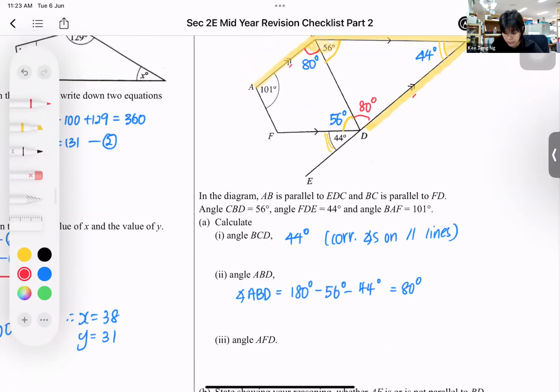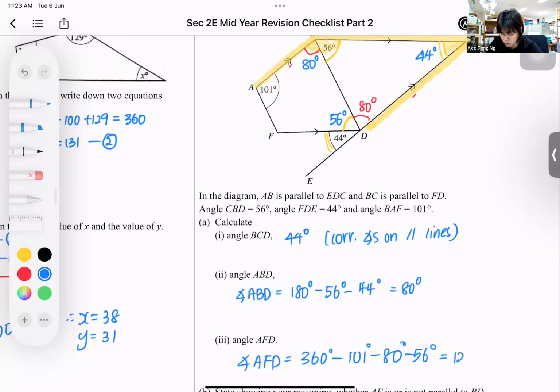Can I assume that they are parallel lines and I also use interior angles? No, right? We cannot assume that they are parallel lines. So the only acceptable method in here will be taking AF to find AFD. I take 360 minus away all the other angles. No interior angles, nothing at all, because they never tell me that it is a pair of parallel lines.